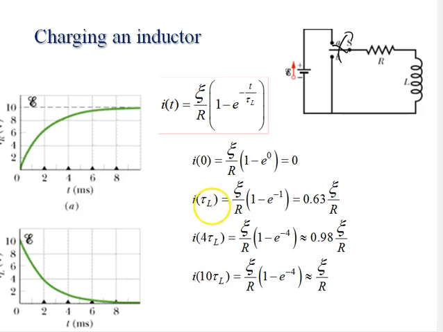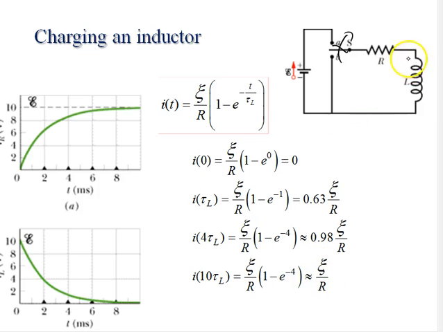If we look at after one time constant, then we have e to the negative 1, so we have 1 minus approximately 0.37. So we're at 63% of just E over R.